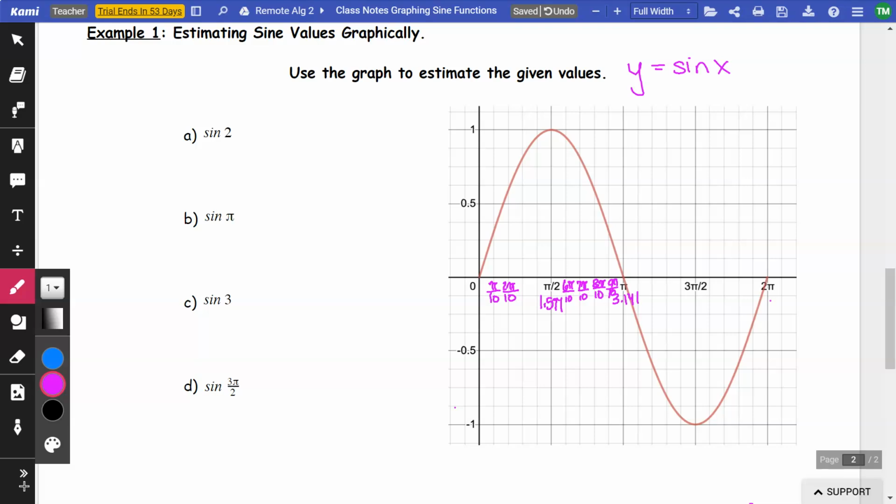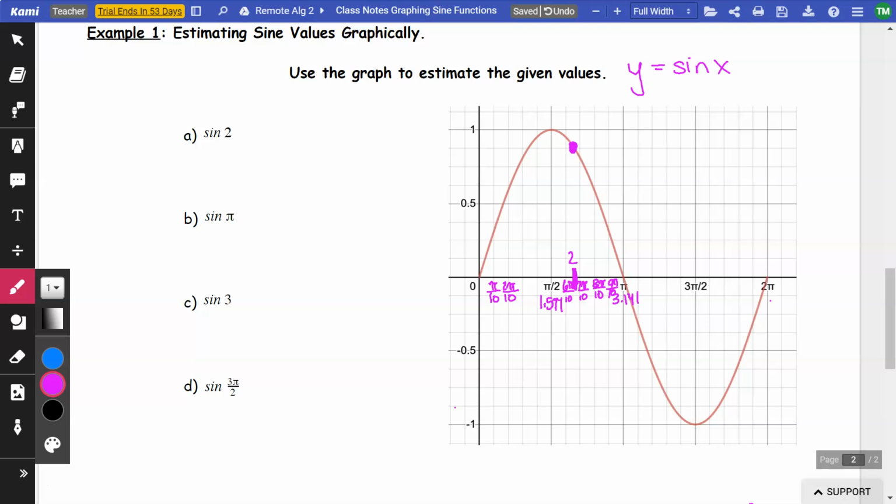So 2 is between 6 pi over 10 and 7 pi over 10. I'm just going to estimate that 2 would be right here. We'll call this 2. So what is the sine of 2? The sine of 2 is equal to whatever this y value is.